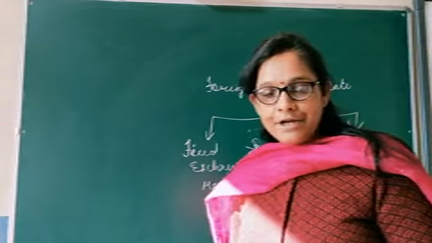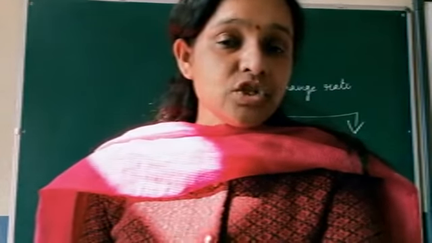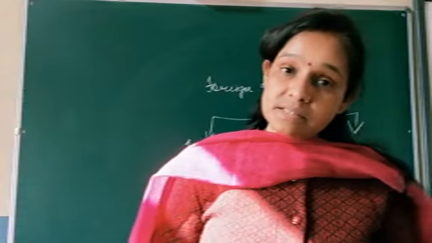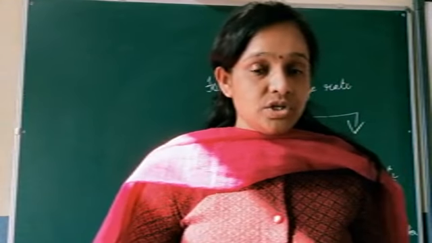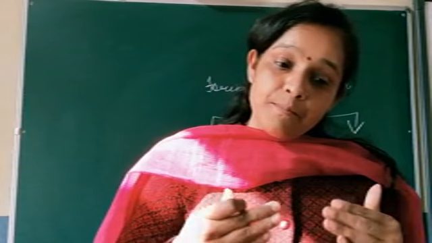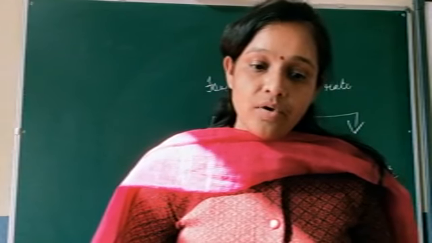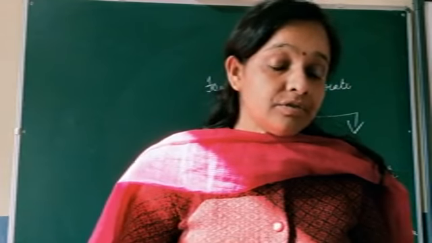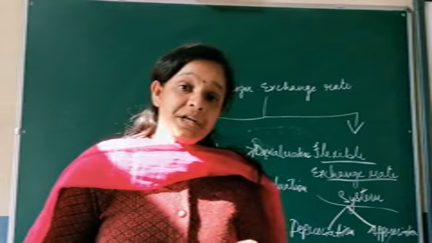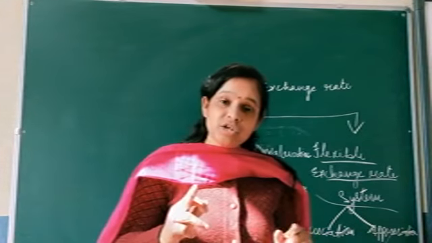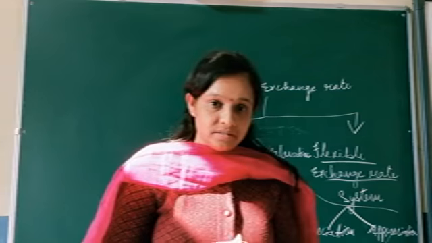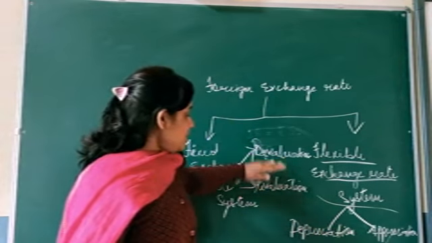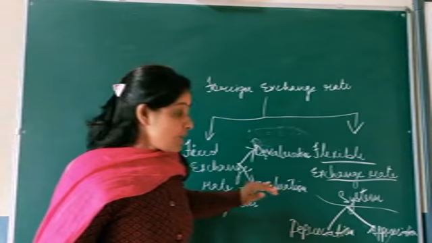Alright, so I told you that fixed exchange rate system is the system where the rate of exchange is fixed by the central bank of the country, by government action. So it determines two things, which are called devaluation and revaluation.